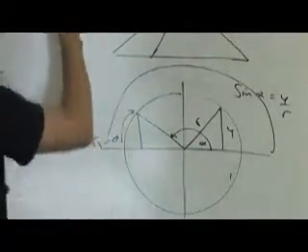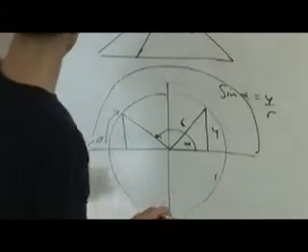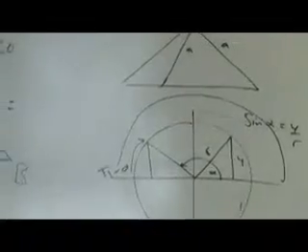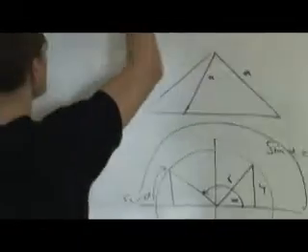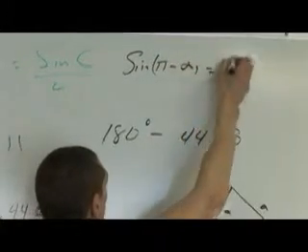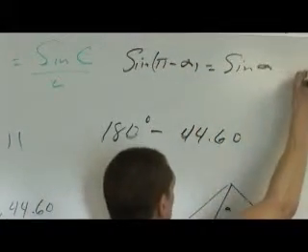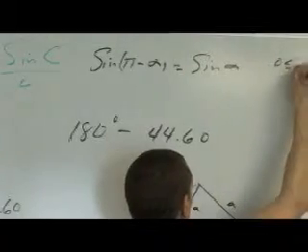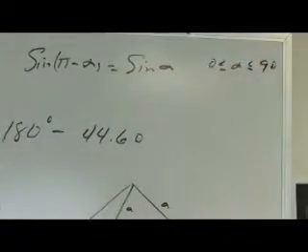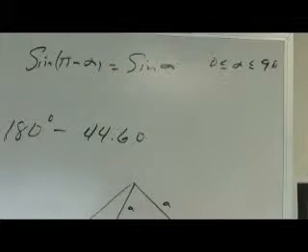It is the case that the sine of pi minus alpha is equal to the sine of alpha if alpha is between 0 and 90 degrees, basically if alpha is in the first quadrant from this picture. How can you prove that?